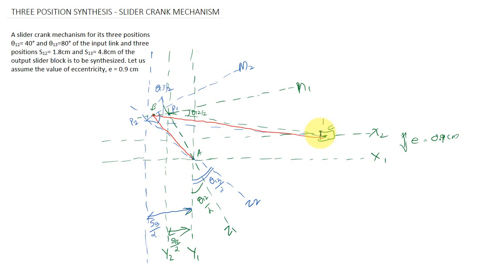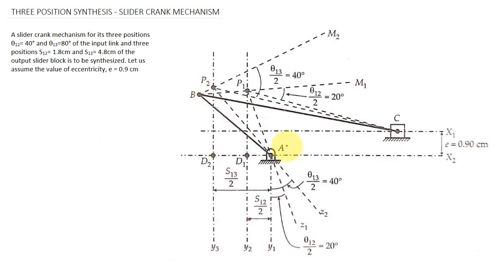with the help of 3 positions. Okay, so I'll explain it once again. First of all, you have to mark the point A, then draw the line x2, then draw the line x1, which is at a distance of 0.9 centimeter, which is the eccentricity.